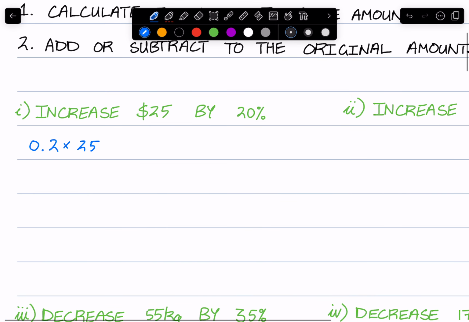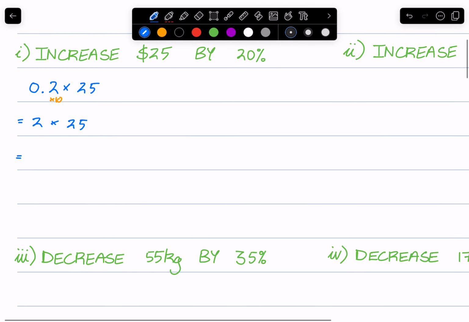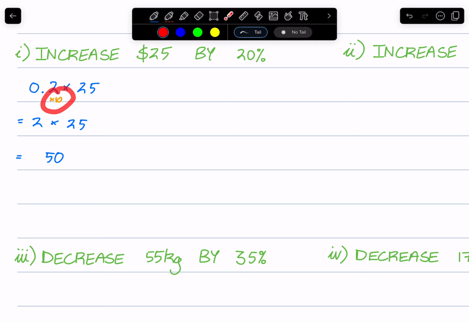Okay, we've already done this many times. We're going to make this into a whole number, which is 2 times 25, which we can multiply. 2 times 25 is 50. But since we've multiplied by that 10, we need to divide out that 10. So this gives us 5.